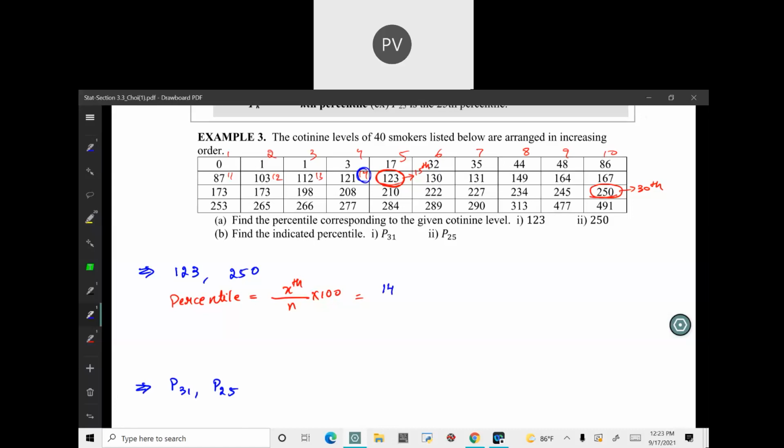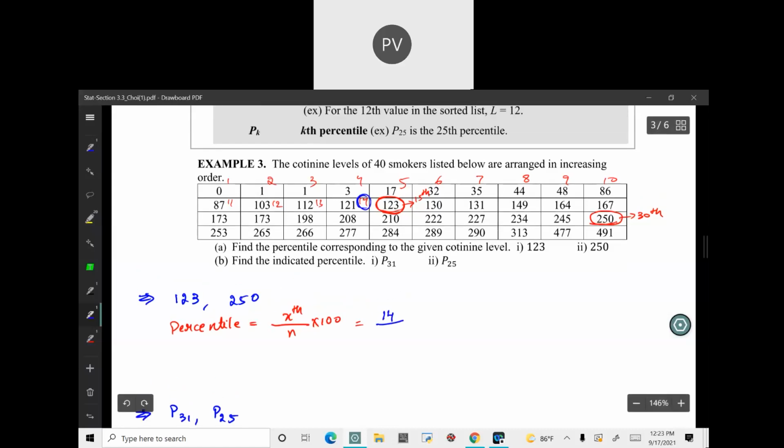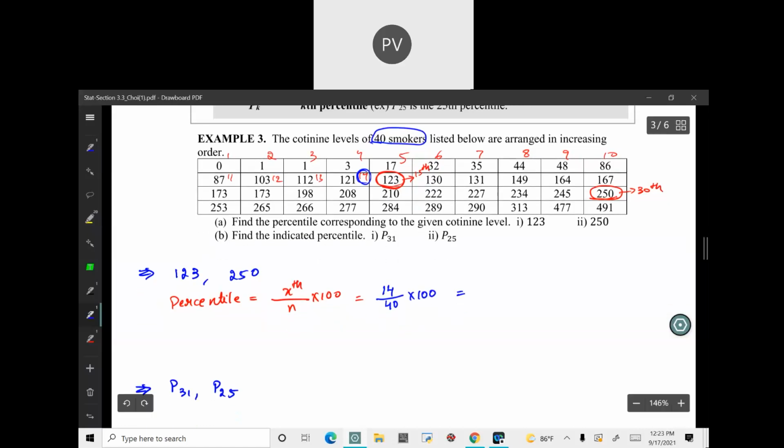So it is the 14th position divided by the total number of samples, 40, into 100, equal to 35.